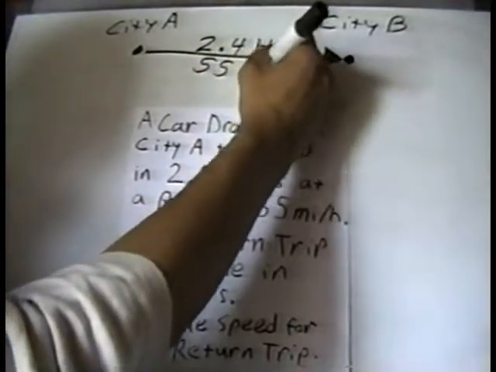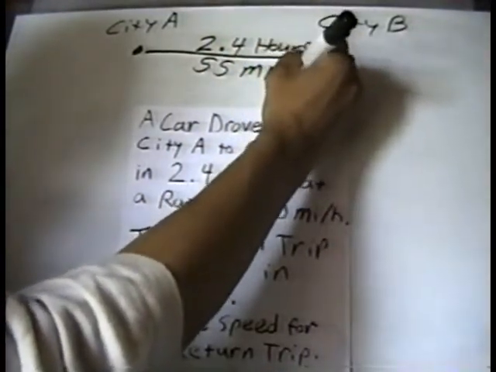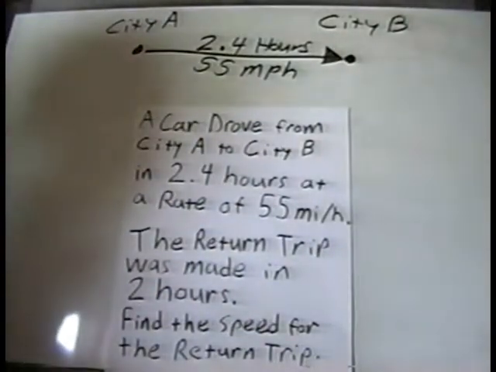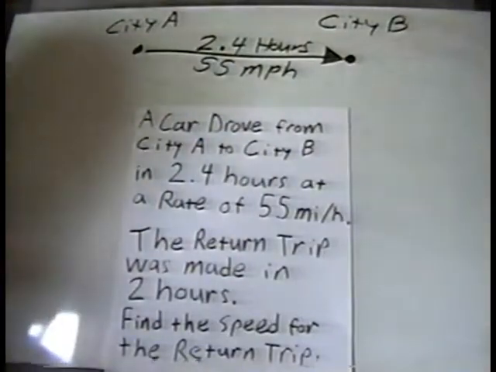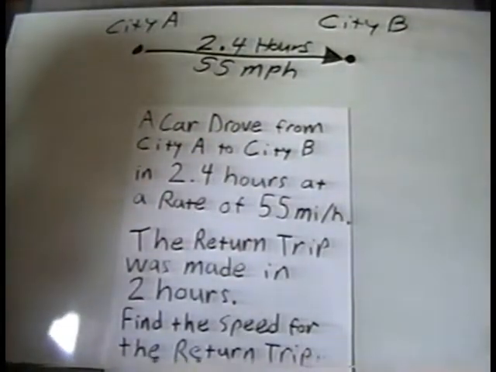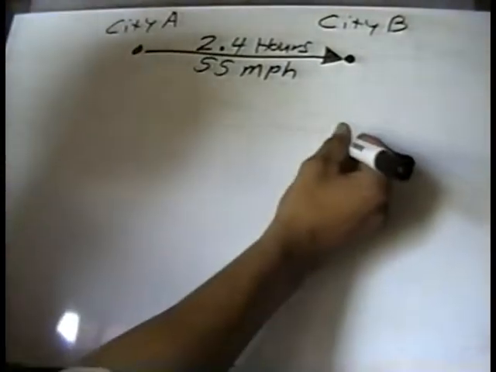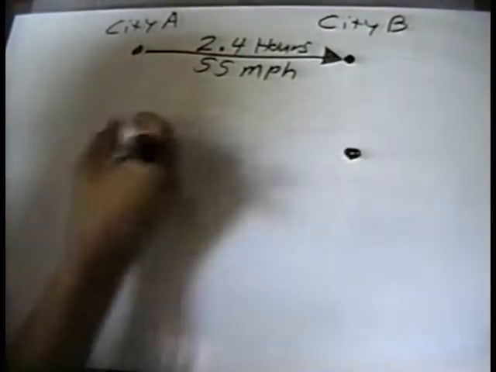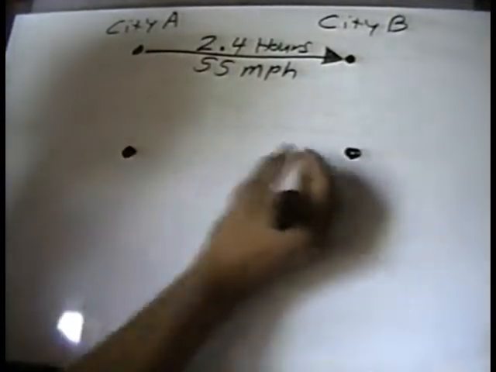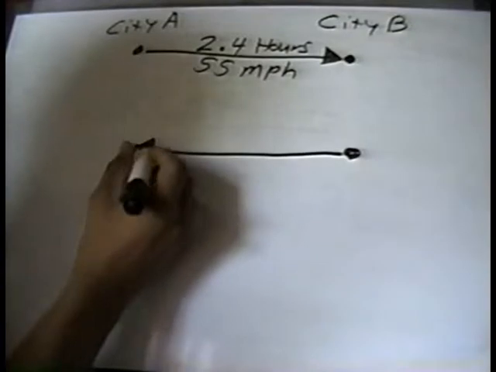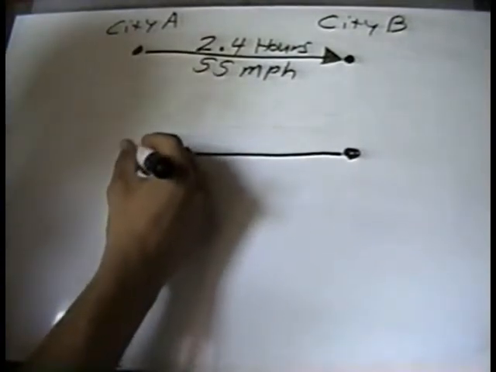So the car drove from city A to city B in 2.4 hours. So this line can represent 2.4 hours, and it also drove at a rate of 55 miles per hour. Okay?